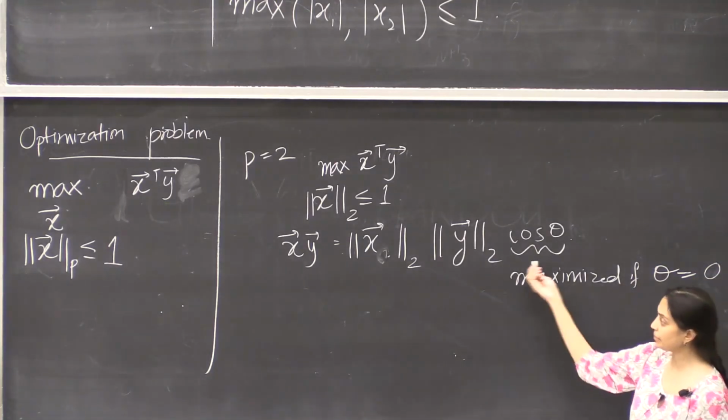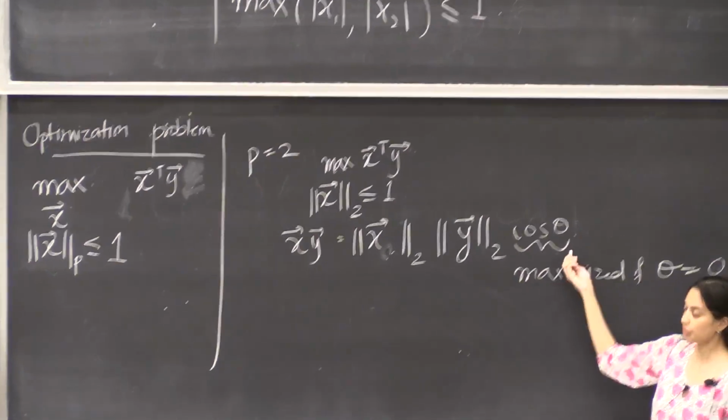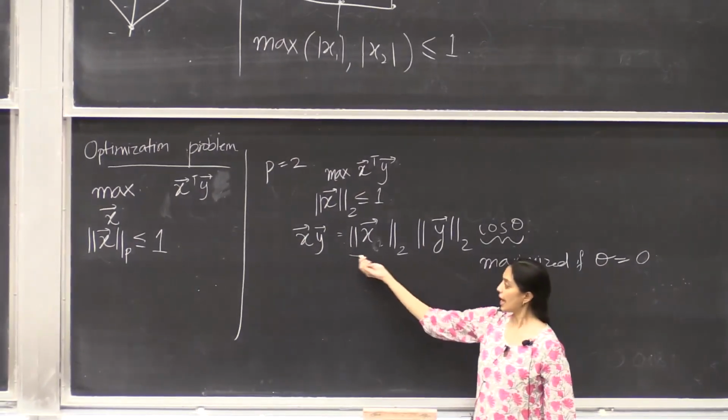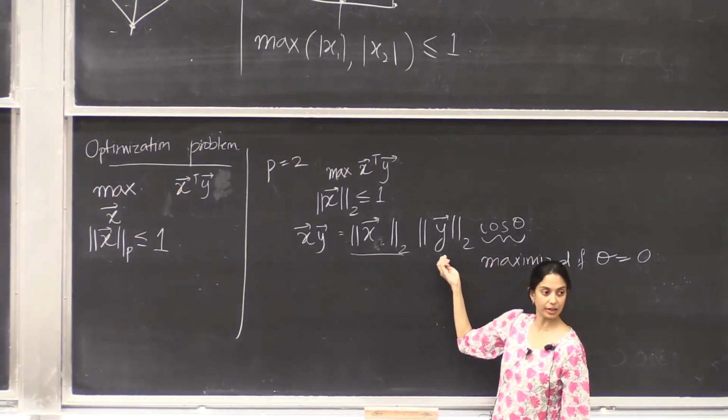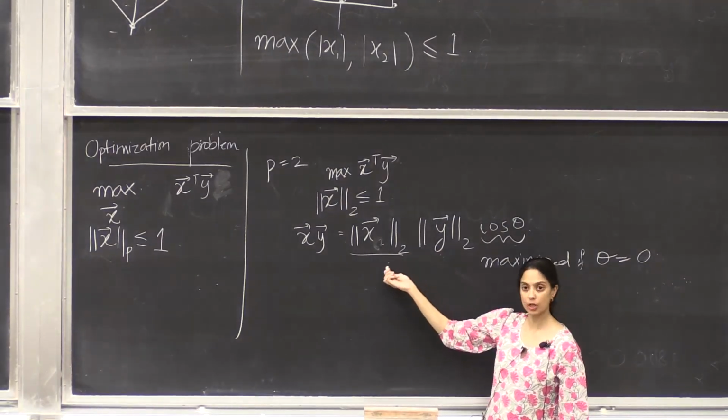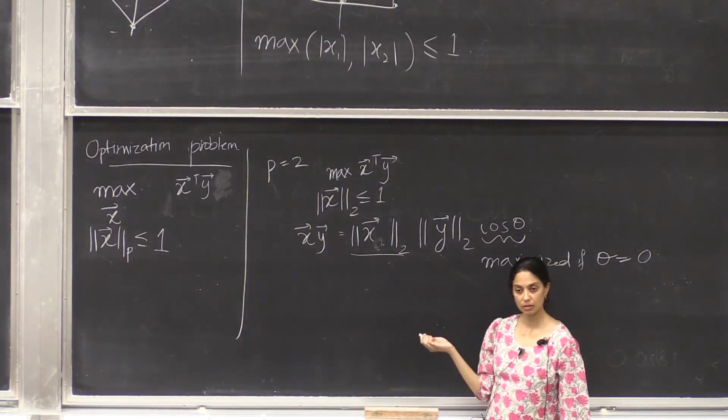And so if I want to maximize this quantity, I'm going to choose x that has angle 0 to y. But what other constraint do I have on x?